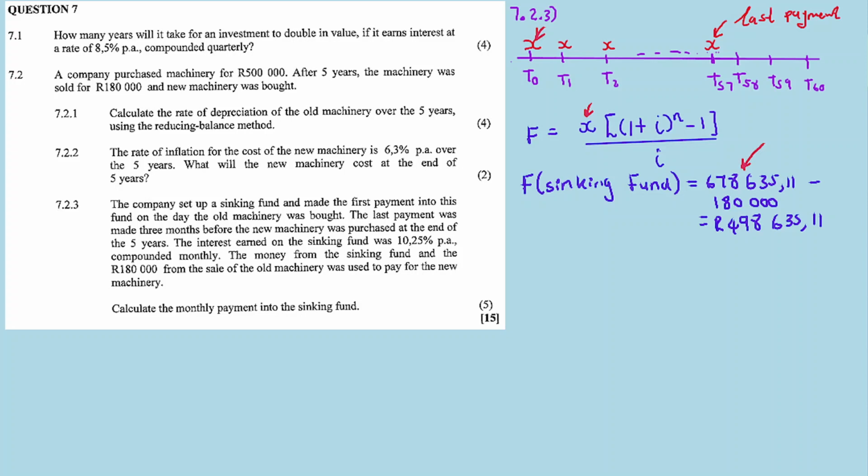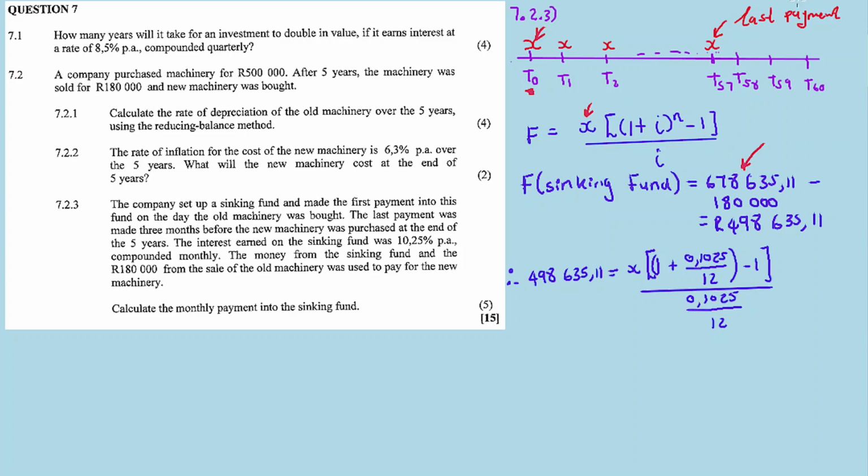Okay, now that we have F, I can substitute it into my future value formula. Here we go. This is F, and then this is the interest. I divided by 12 because it's compounded monthly. The interest rate is 10.25% per annum, minus 1. But you see, I have left something out here. There's a reason why I left it out. It's because we want to calculate it all together. The first payment was made at T0, right?